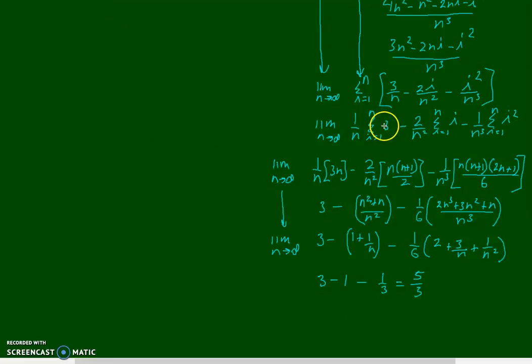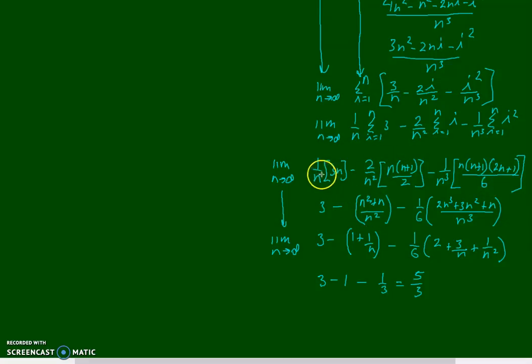So the sum of a constant is the constant times n, so 3n, minus the sum of i is n times (n plus 1) over 2, so that's this quantity, minus the sum of i squared is n times (n plus 1) times (2n plus 1) over 6.